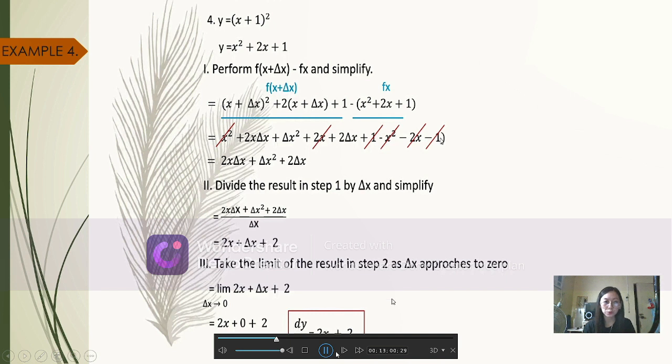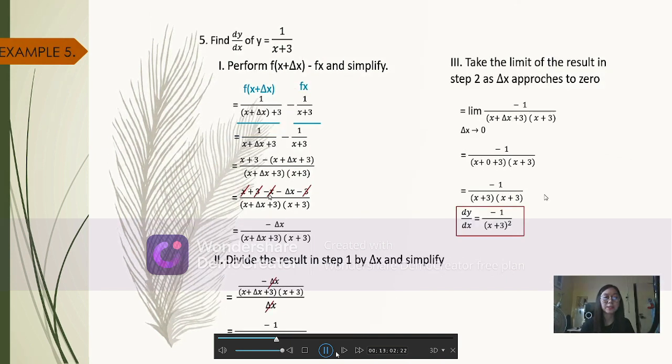So, example number 5. Find dy over dx if y is equal to 1 over x plus 3. Step 1, perform f of x plus delta x minus f of x and simplify. So, apply natin dito f of x plus delta x.